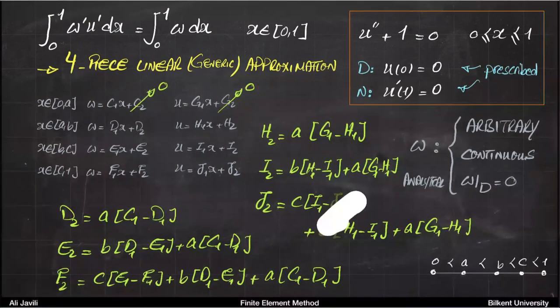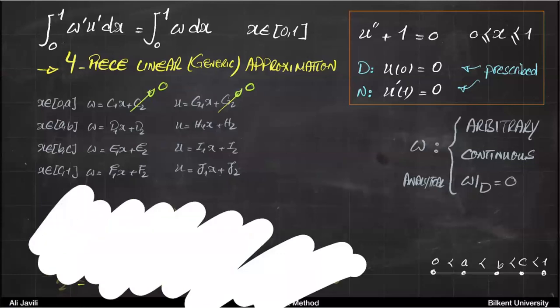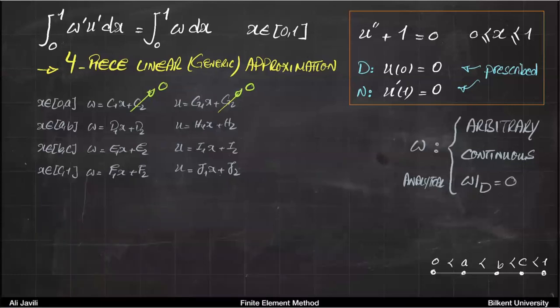We are going to write the weak form in terms of these 4 pieces. But obviously I do it shorter than before, so I don't go into details.